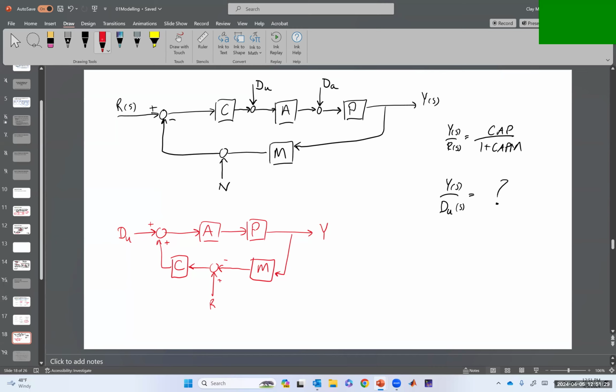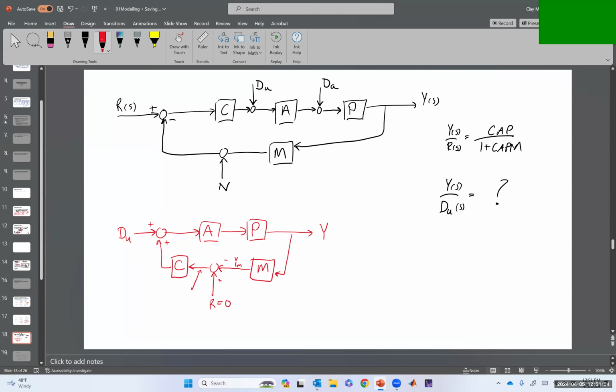Okay, so I have kind of implicitly set dA equal to 0 and N equal to 0, and I've gotten the red diagram. But I want to convince you because this is mildly important. When I set R equal to 0, then if I call this signal, say Y measured, what should I call this signal?